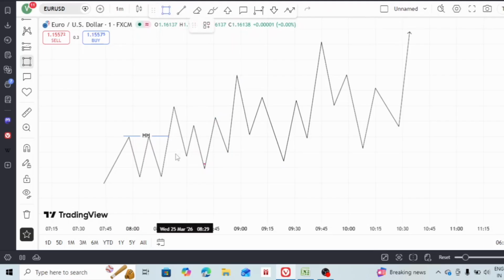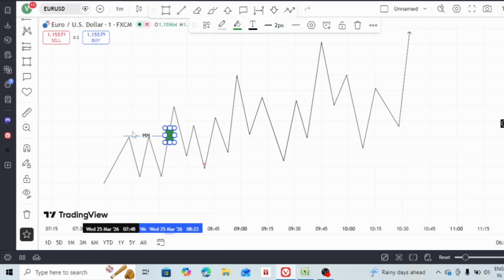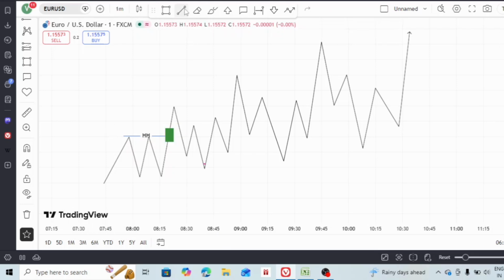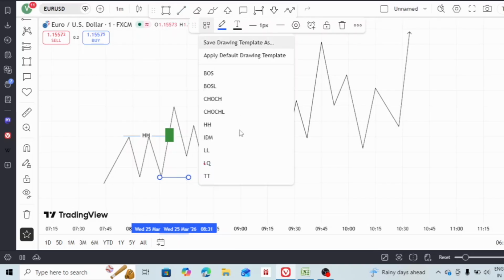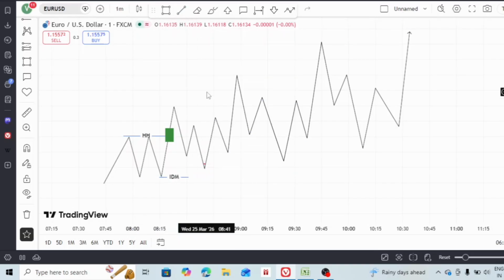It has broken with the body of the candle. After the higher high has been confirmed, we find our inducement, right? The first pullback will be our inducement. So where is our higher high now? This level is our higher high level now.